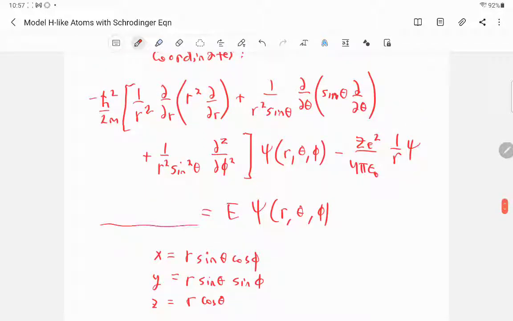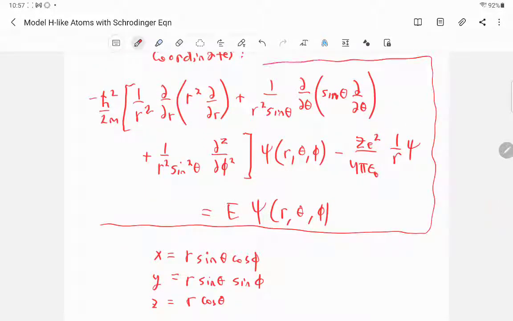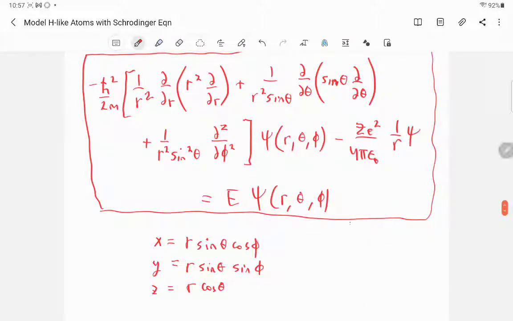But this right here is our math problem that Schrodinger's equation has given us. We have to solve this problem. And the technique, if you go into a differential equations class or a slightly more advanced quantum mechanics class, is the separation of variables technique.